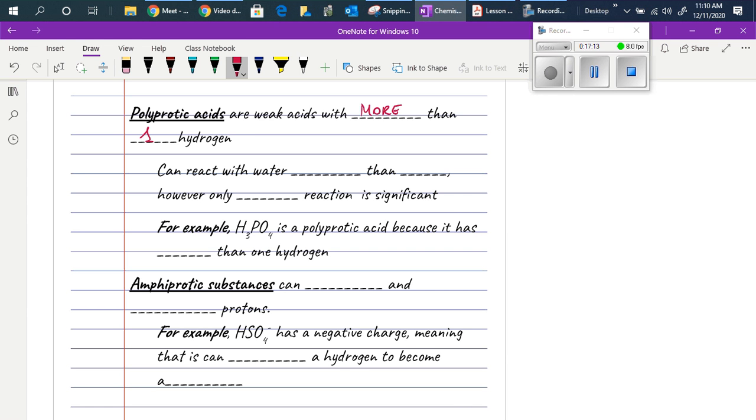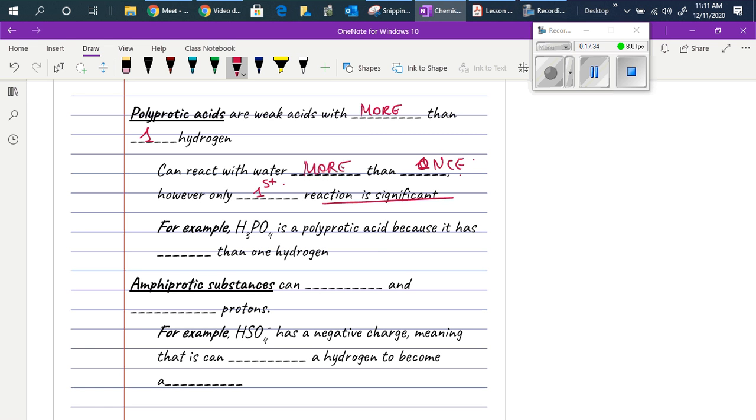However, the first one is the most significant. So more than one hydrogen can react more than once. However, only the first one is significant.